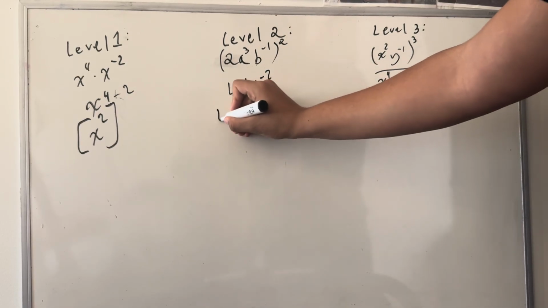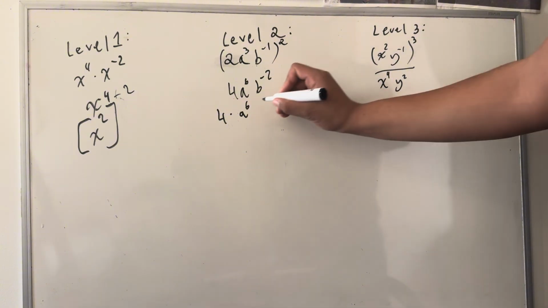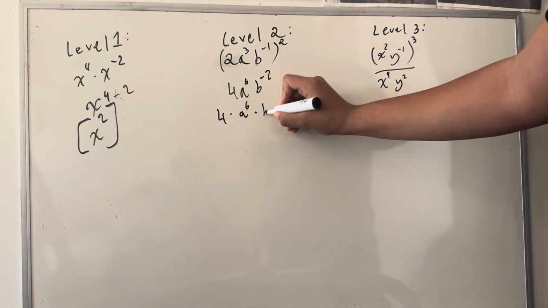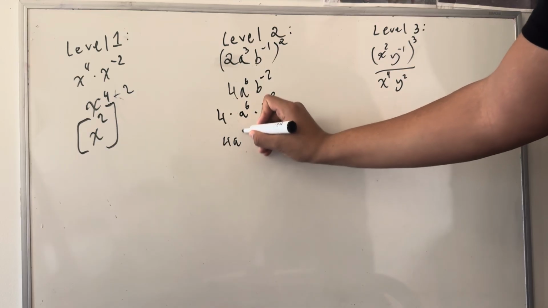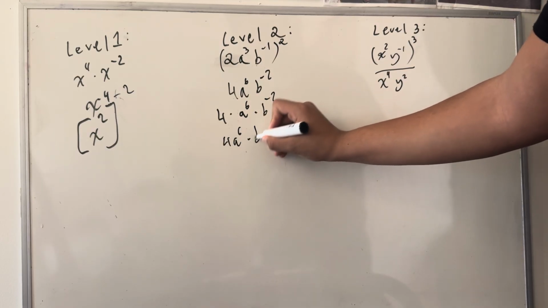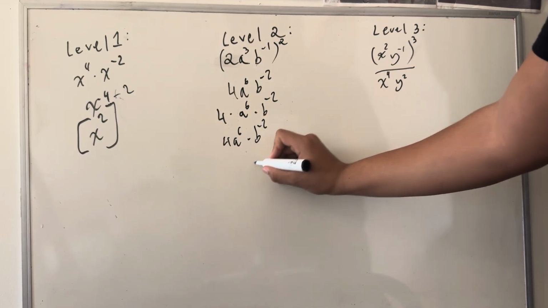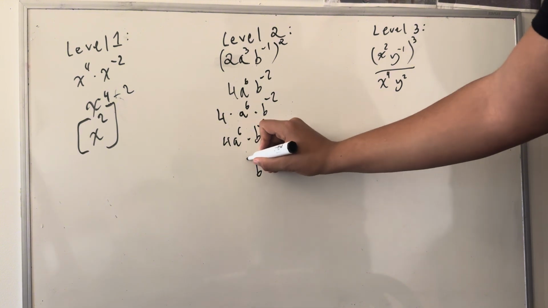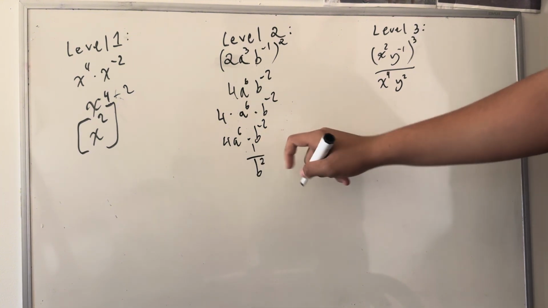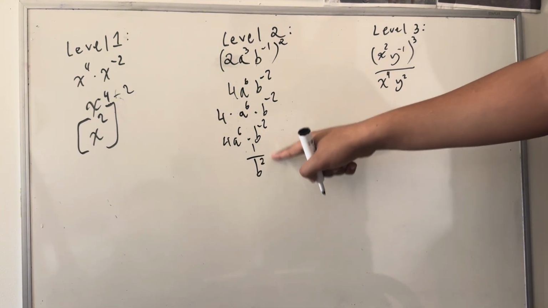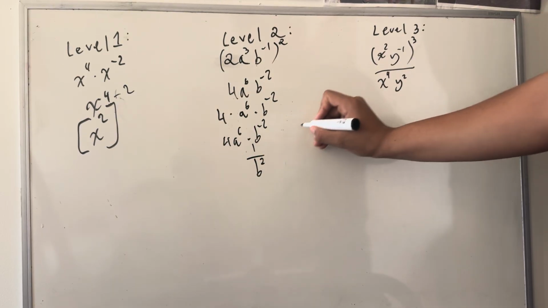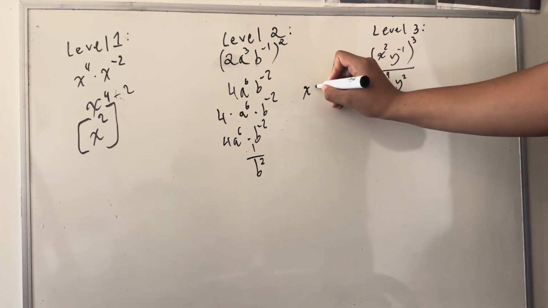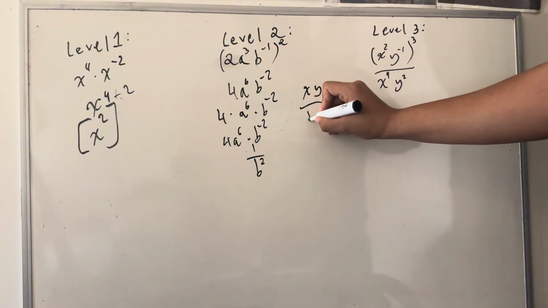Now we know that all of these terms, realistically, are all separated, but we could write it also as 4a^6 times b to the negative 2, and b to the negative 2 from our exponent laws is just a reciprocal of b squared. Anytime we have a negative, we just either put it over 1, so we have xy, and then b to the negative 2.